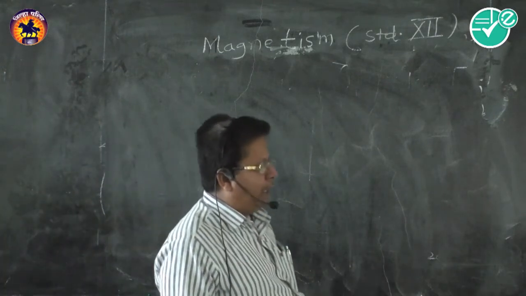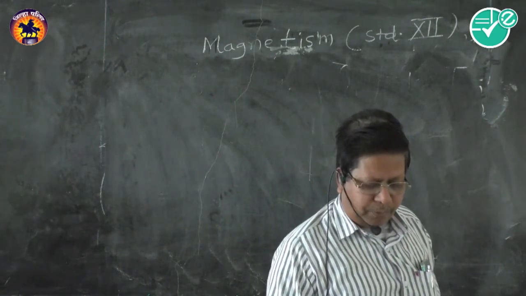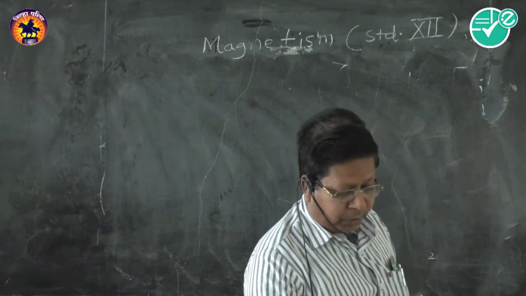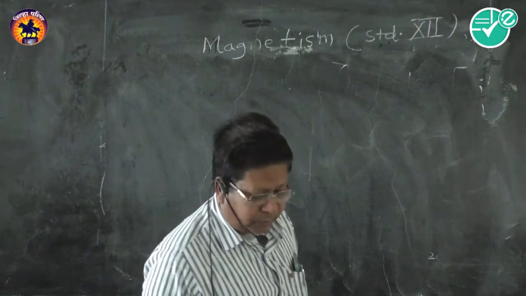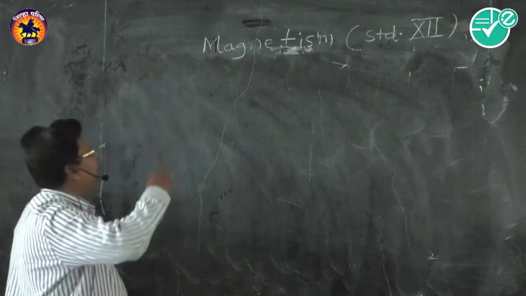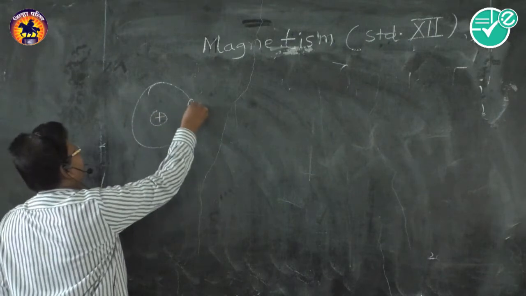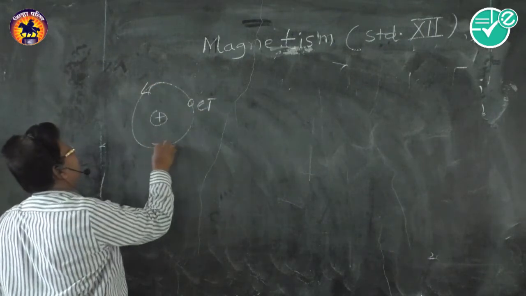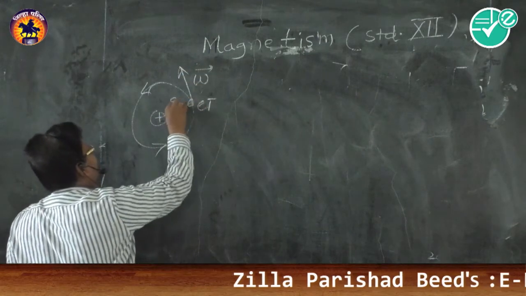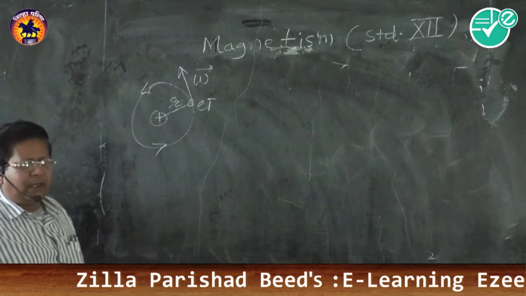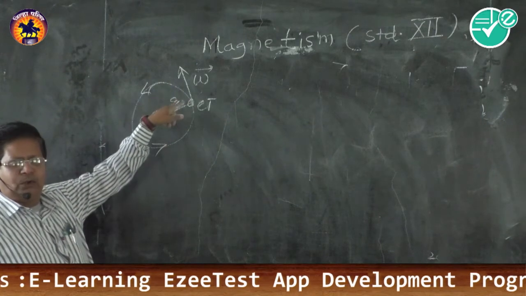Now, if someone asks to find the value of equivalent current in orbital motion, suppose that the electron is revolving around the positively charged nucleus with angular velocity omega having radius r, and as we know, the revolving electron is equivalent to current flow.